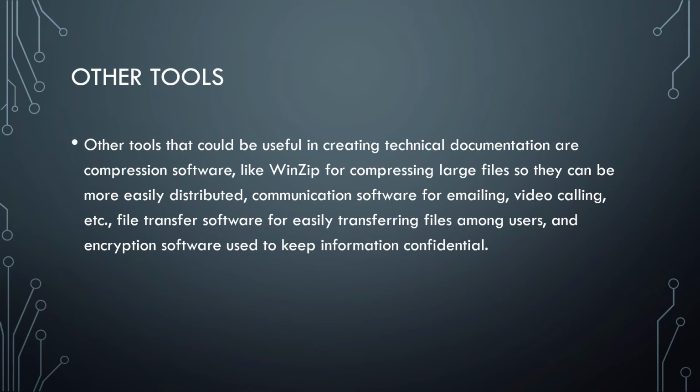File transfer software: sometimes a file is too big to email, so you want to be able to upload it to Dropbox or somewhere like that to share it with others, and they can just download it. Encryption software is used to keep information confidential. There are lots of encryption tools out there now.